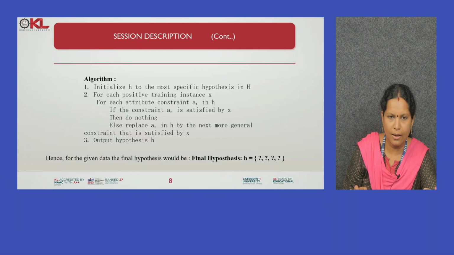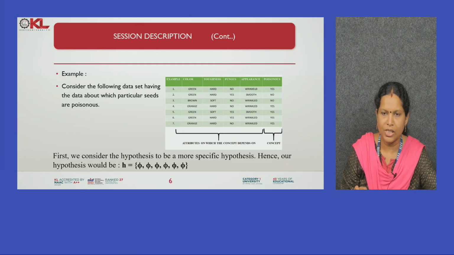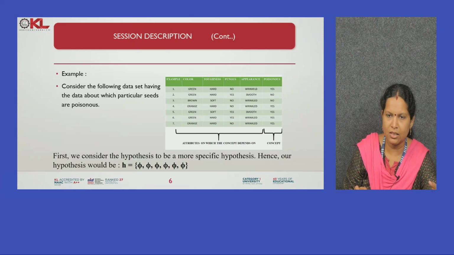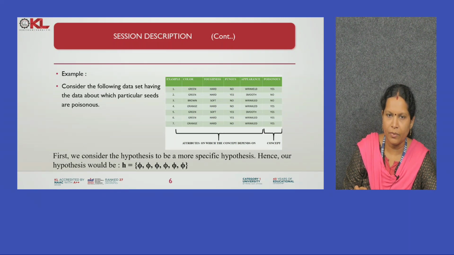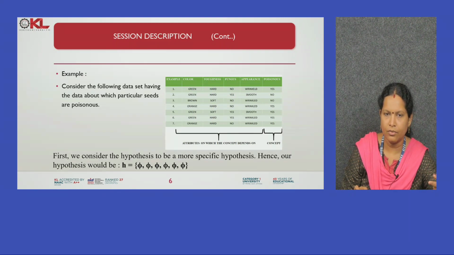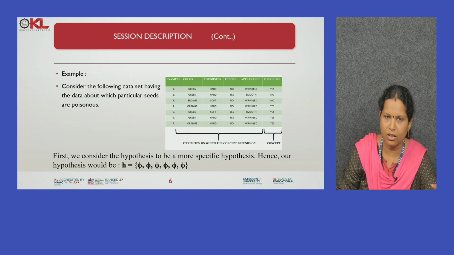Then coming to example 5: green, soft, yes, smooth. The outcome of this example is yes, so this is a positive example. We consider this example and compare it with the previous hypothesis, the initial data. The first one we already replaced with a question mark.